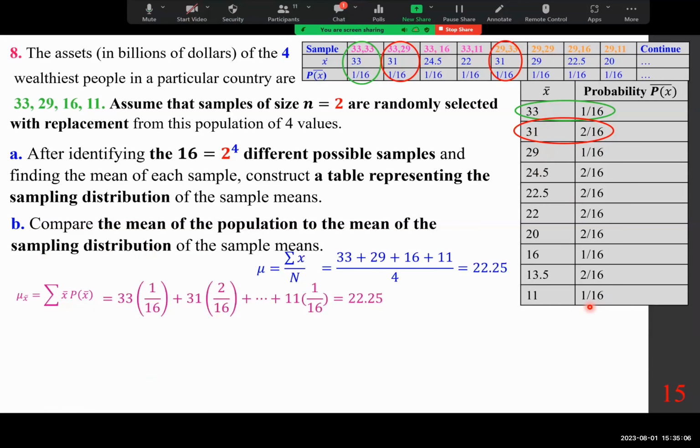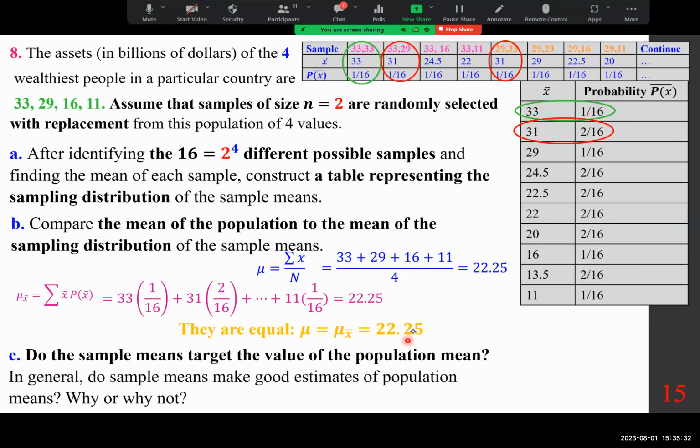So 33 times 1/16 plus 31 times 2/16 plus, of course, everybody knows 2/16 is 1/8, but I just wanted to show you where the numbers come from, okay? And the last one is 11 times 1/16. When you do that, you get exactly the same answer. So mu and mu of x bar are identical, 22.25.